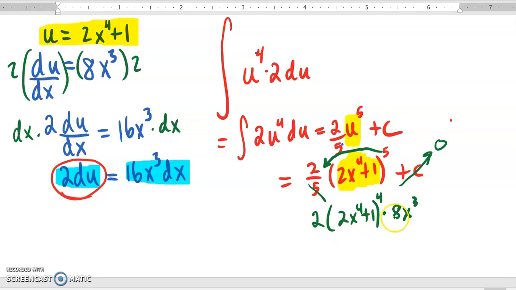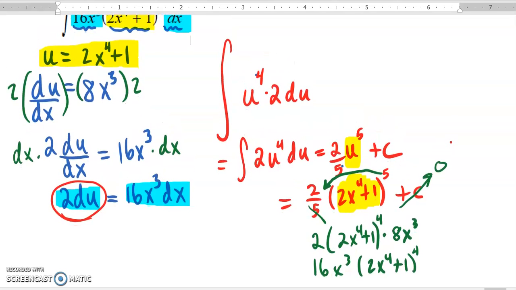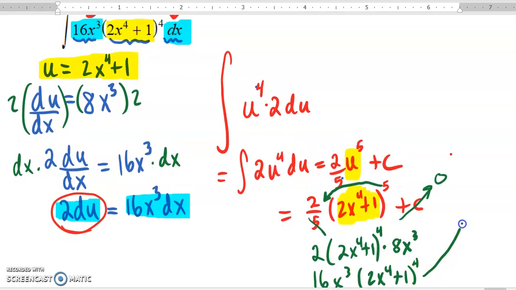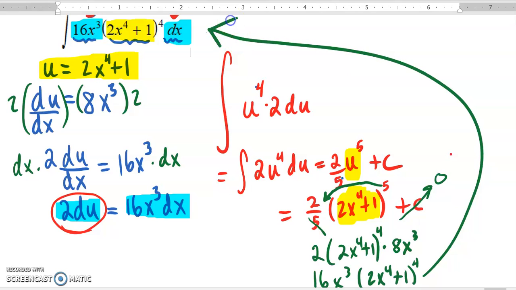So the 2 and the 8 can be multiplied together. They're on the outside of the parentheses. So that'll be 16x cubed times 2x to the 4th plus 1 to the power of 4. And checking with my original function, you can see that this function matches up exactly with what I had previously. So that's the reverse chain rule using u-substitution.